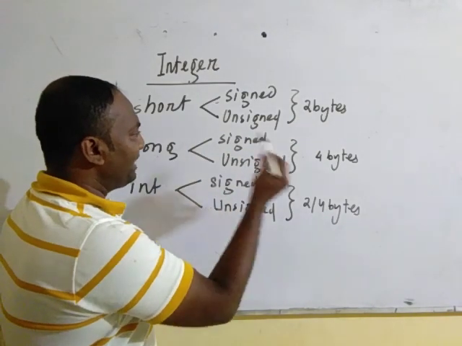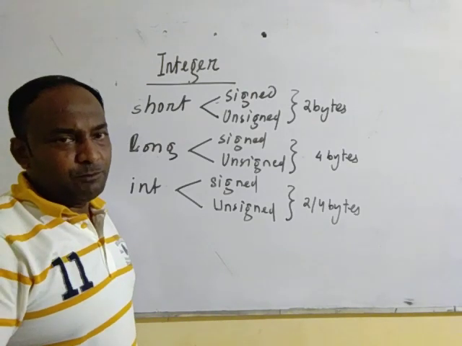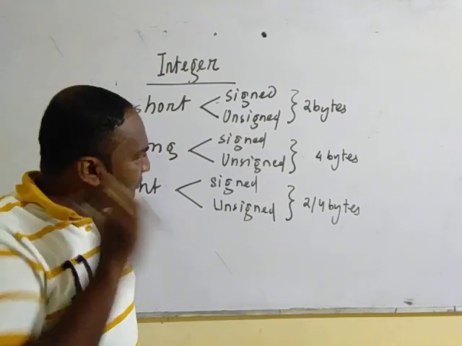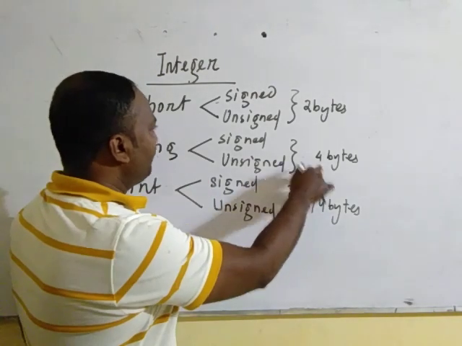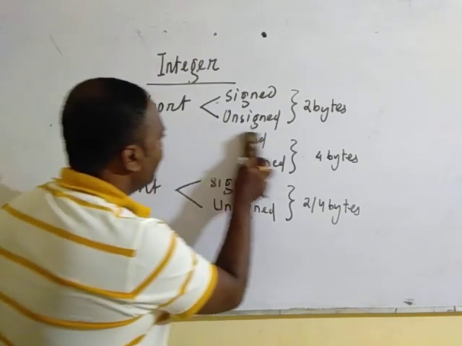Integer is 2 or 4 bytes, depending on the type of compiler we are using, whether it is a 32-bit processor or a 64-bit processor, or which type of C compiler we are using. Long is of 4 bytes. Let us discuss one. First, discuss short integer data type.